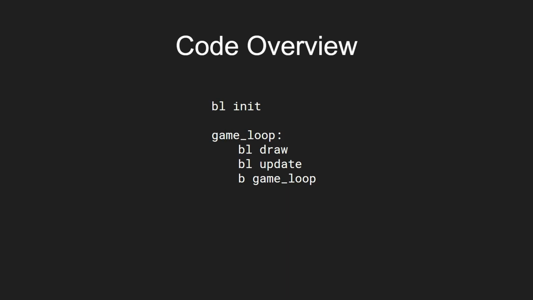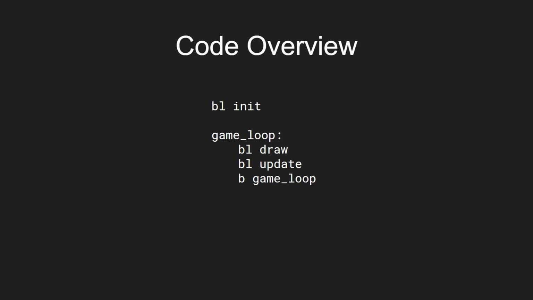Next up, we have the update function. In the update function, we have our game logic, in which we change the states. And we don't reflect the changes to the screen yet, because update only changes the state. Next up, we branch back to the game loop, that is, we go back and then draw again.